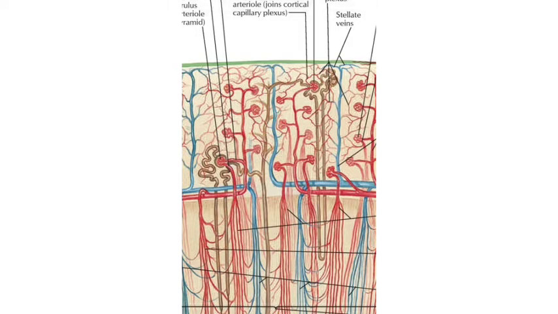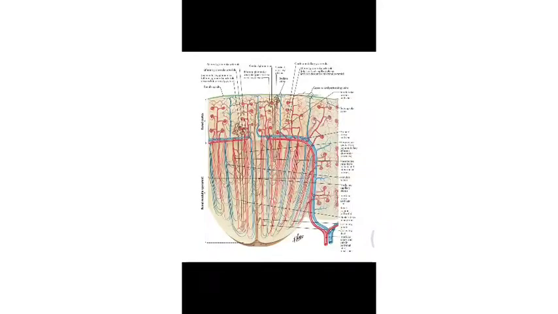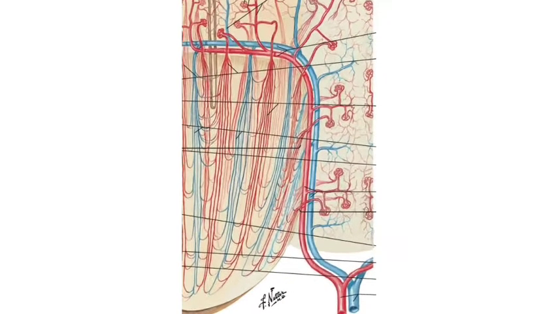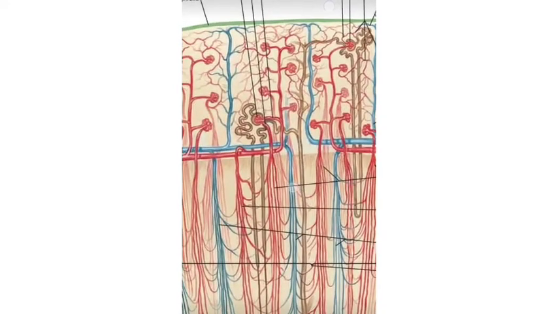From the peritubular plexus, the blood will be draining into the lobular veins, then into arcuate veins, then into interlobar veins, then into the lobar vein.